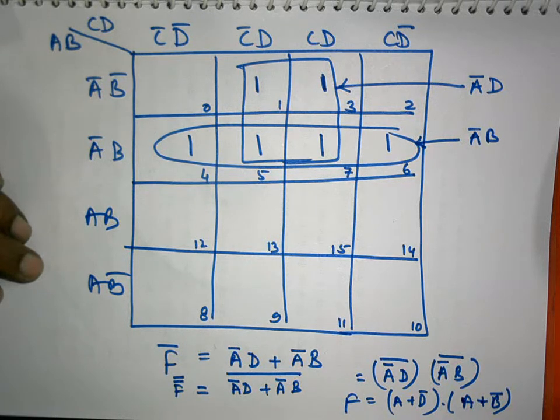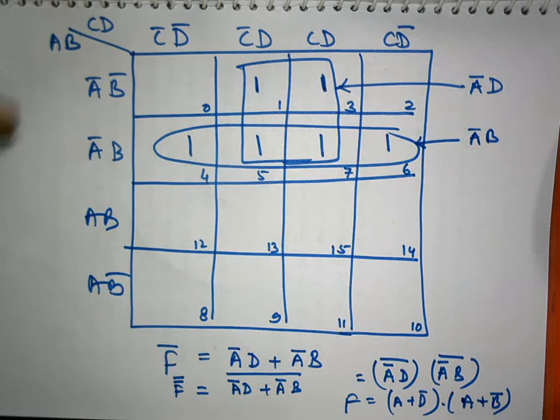So, got your point? Suppose somebody is asking you to realize the circuit using NOR gates, then this is the way. You assume 0 to be 1 and 1 to be 0, and by assuming this you are going to realize F bar.